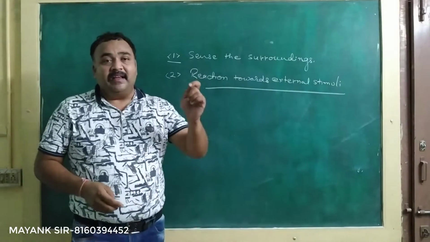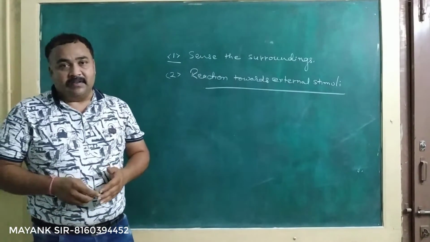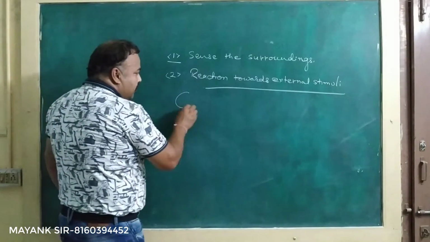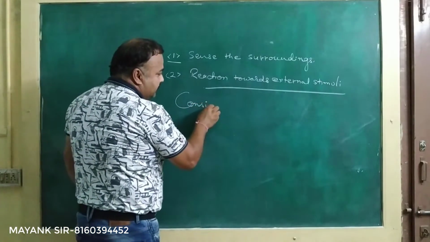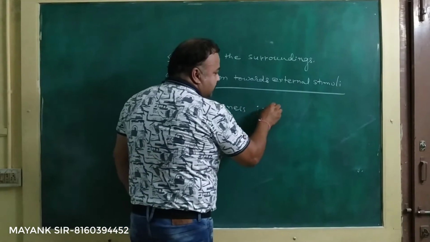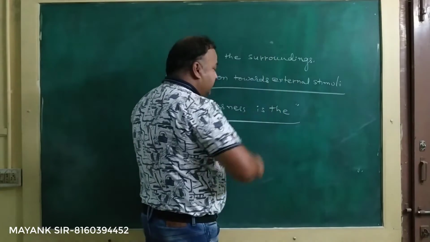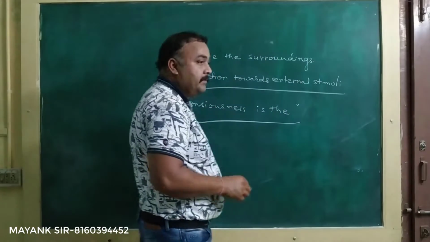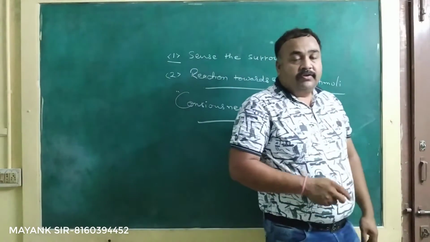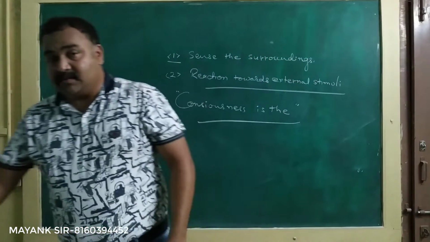That means we take selfies, not the plants, not other animals. So we can say that consciousness is the character of living organisms. Consciousness. So now, friends, we will move towards the next character.